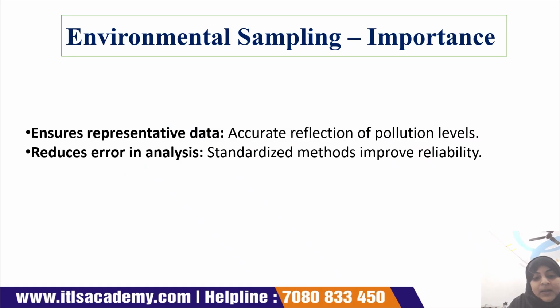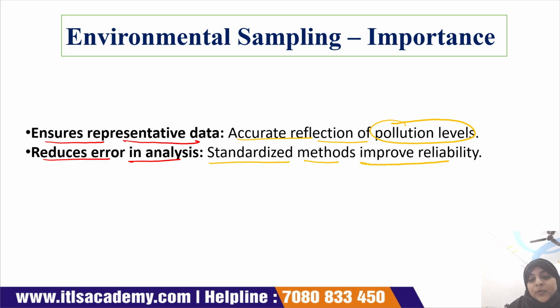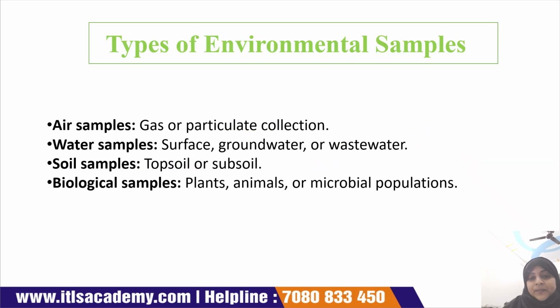Environmental sampling ensures representative data and reduces error in analysis. Ensuring representative data means an accurate reflection of the pollution level, and it reduces error in analysis, like standardizing the method so that it can improve the reliability.